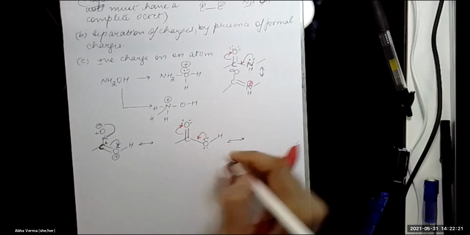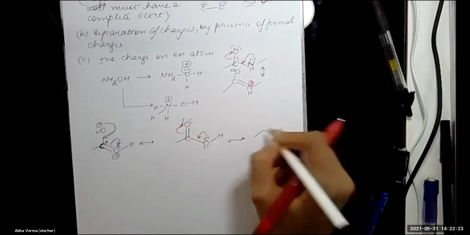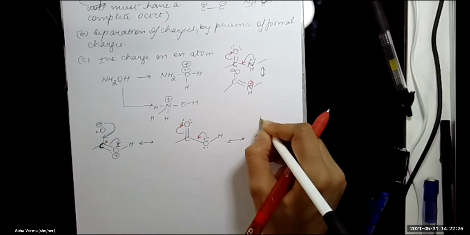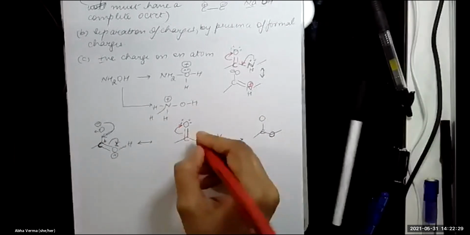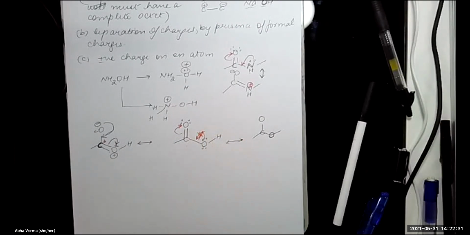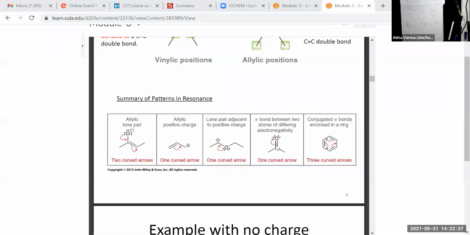This oxygen will break a bond. What I will show is this oxygen is actually not participating in your resonance. If you remember our patterns, I can go with one curved arrow, with a pi bond between two atoms of differing electronegativity. I can do that also. See that?